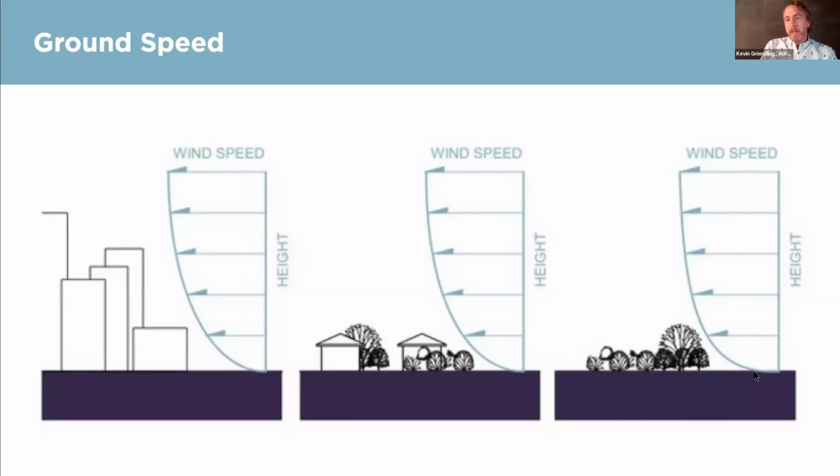But if you notice, the wind speed where there's no buildings is going to be greater at the ground than it is where there are tall buildings and a mass of different structures that are kind of breaking up the wind at the ground plane. So the higher you get up in development, the more impact you're going to have on how much ground wind there's going to be, with some caveats, which we will talk about later.